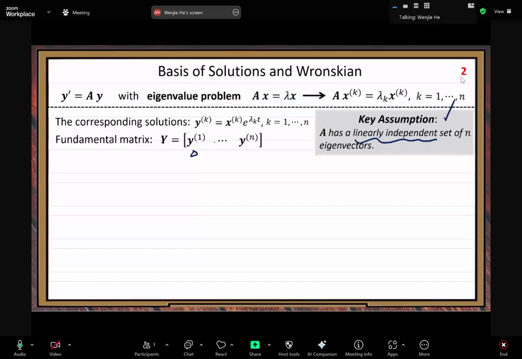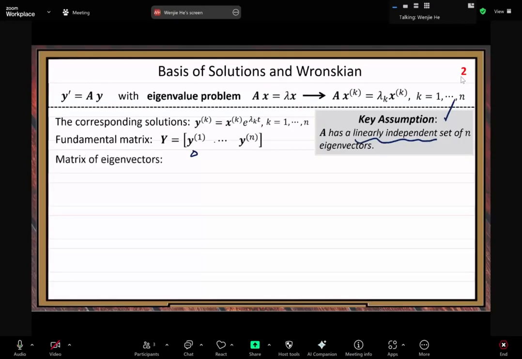Each solution is a column vector. So we put these n column vectors together and get an n by n matrix. All the columns are linearly independent. We call it the fundamental matrix for this ODE. Here, I just review the concept.